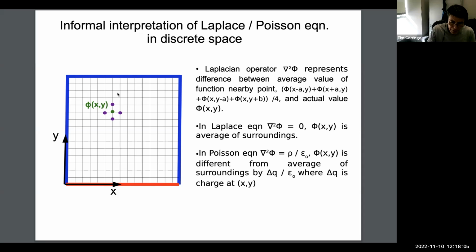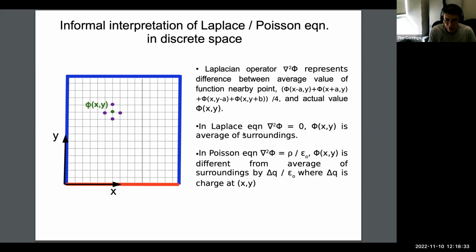So if we imagine this discrete space here on the left-hand side, the Laplacian operator will represent the difference between the value of the function here at xy and the average value of these four neighboring space points. So that's what the Laplacian operator does.